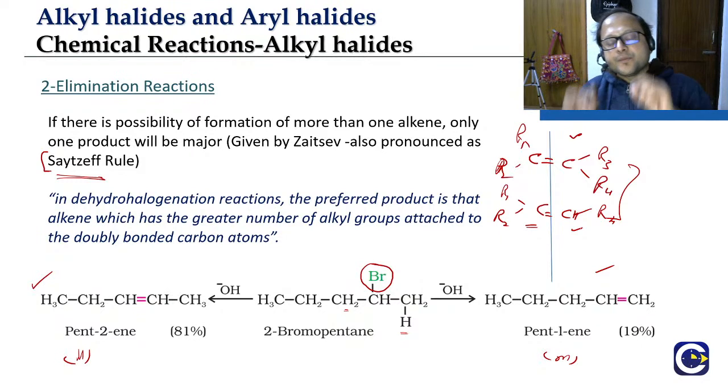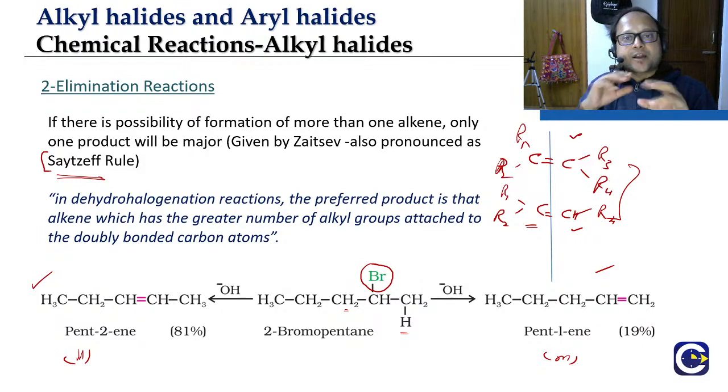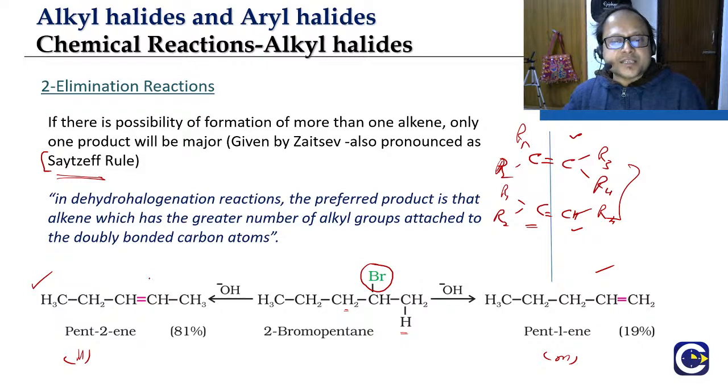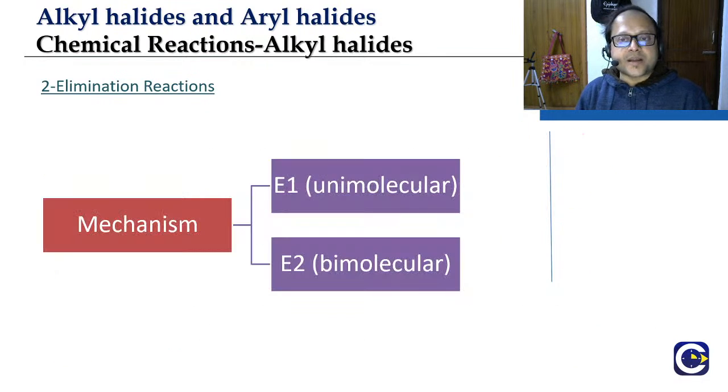Simply we can say, the more substituent alkyl groups across the double bond, the more the stability. So out of these two, this is more stable, this is less stable. It has 81% formation, this has 19% formation, and it is not only for these two; in every case the same rule follows. That's why the Saytzeff rule is quite important, right? I hope this part is clear.